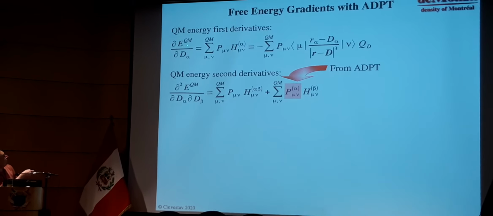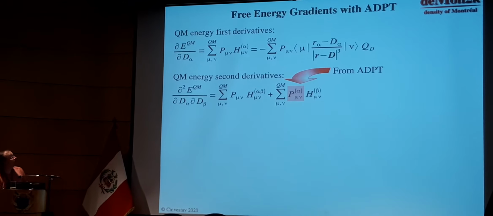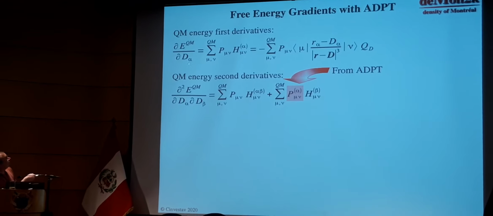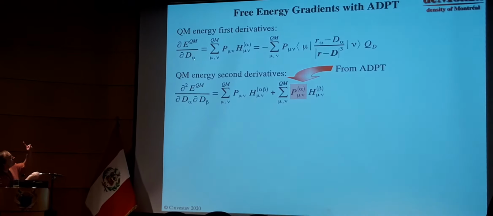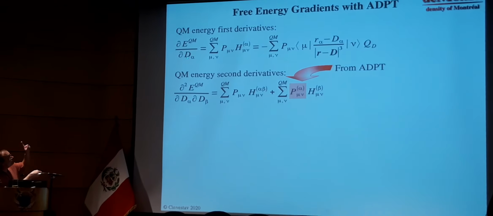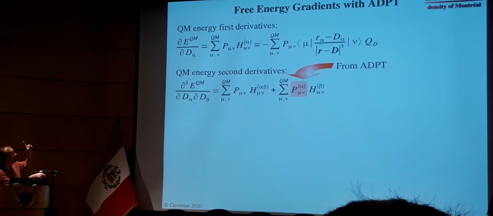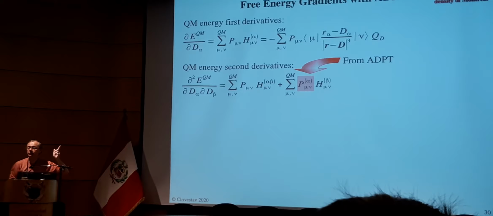If you look at the first order derivative, this is simply an electric field integral. And of course, there is a sum, so this is with respect to one coordinate of an MM atom. There is a sum in front of all MM atoms. So you need a lot of these integrals to calculate, but we know how to do this.